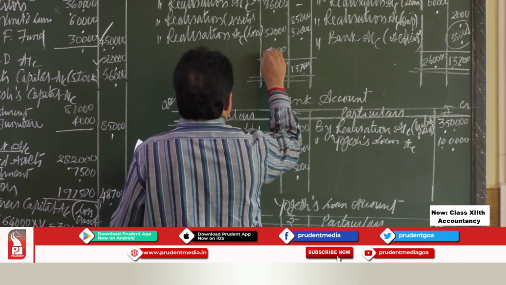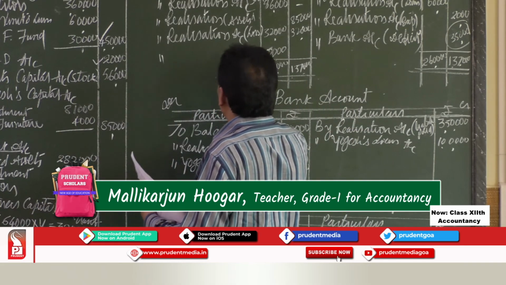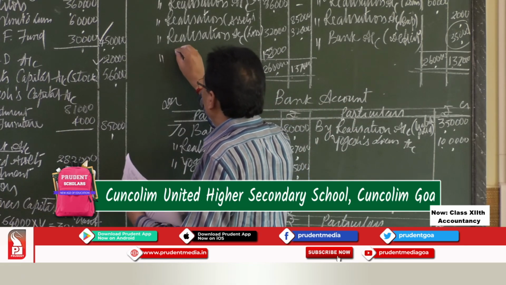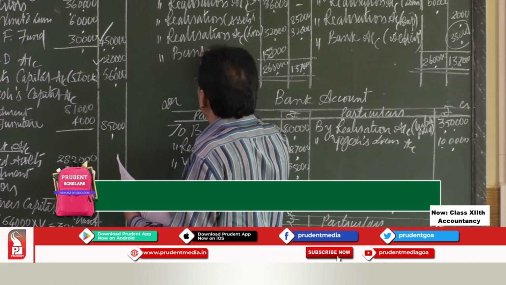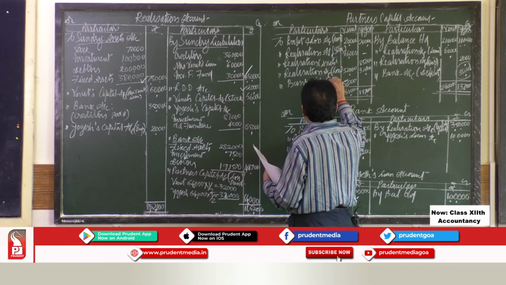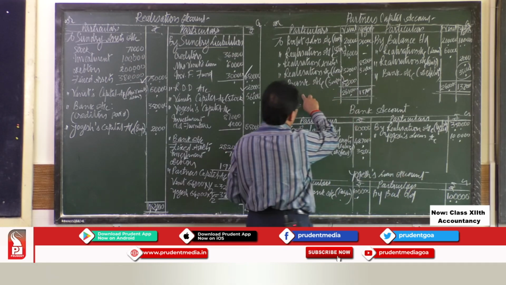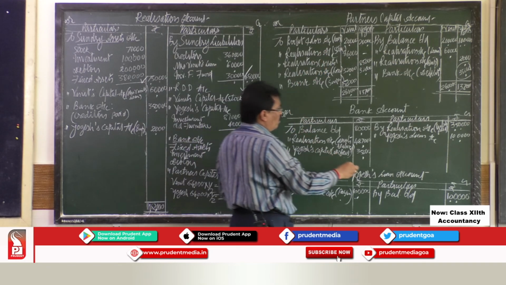So 1,52,000, this is the surplus money. So you have to pay to him. So to bank account, this is the surplus money, you have to pay back to him. So once you pay, the entry is partner capital account debit to bank account.